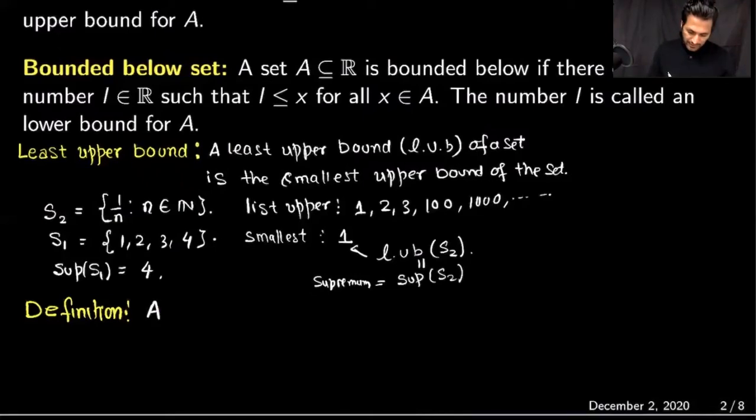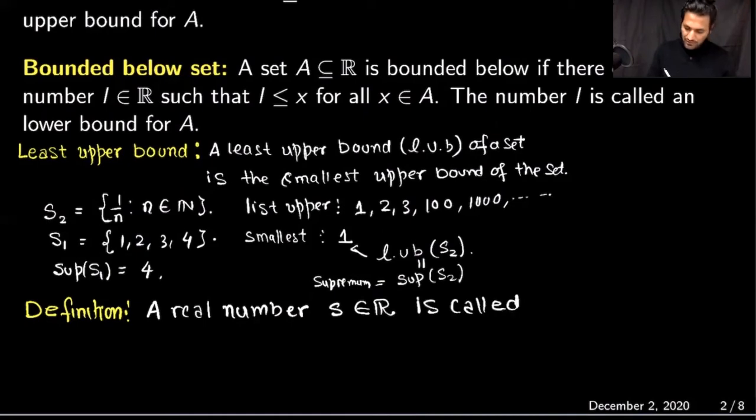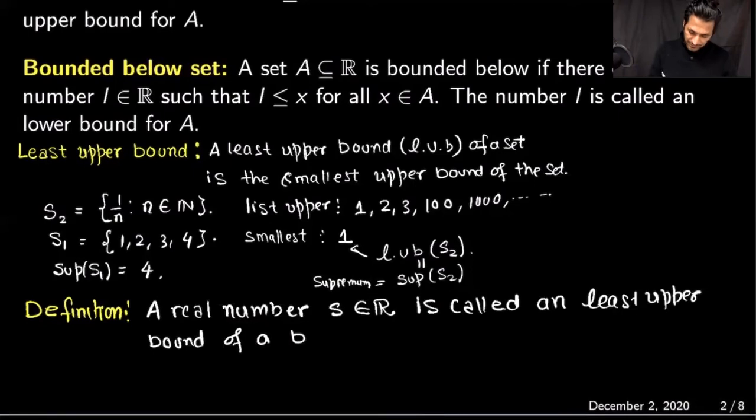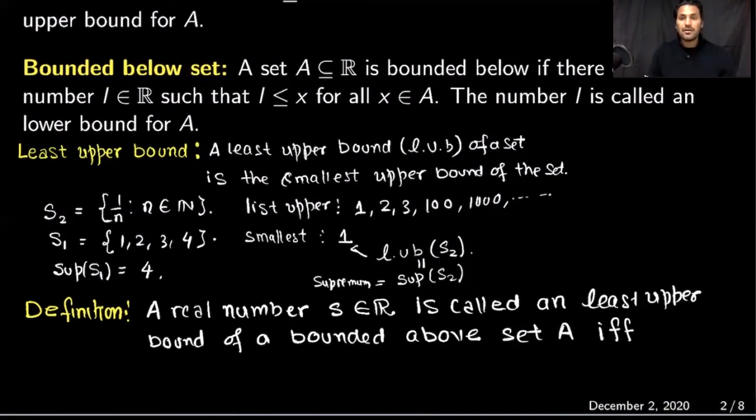We say a real number S is called a least upper bound of a bounded above set A if it satisfies these two properties.